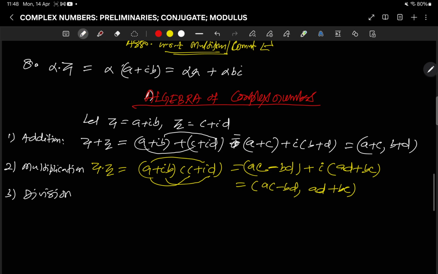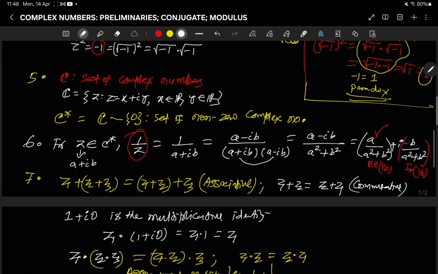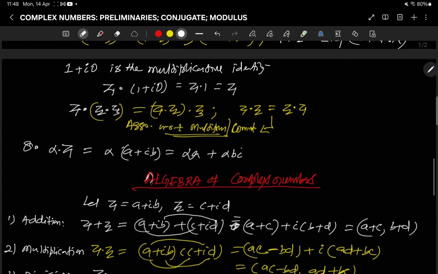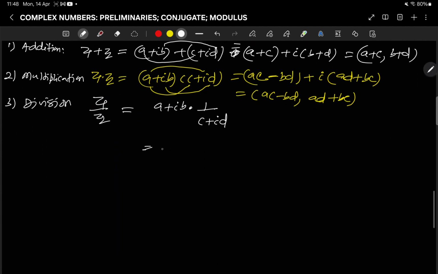Similarly, for division, Z1 by Z2 is equal to A plus iB into 1 by C plus iD. So you should split it in that way, writing the reciprocal of the complex number, 1 by Z. You will write it as A plus iB into C minus iD divided by C plus iD into C minus iD.